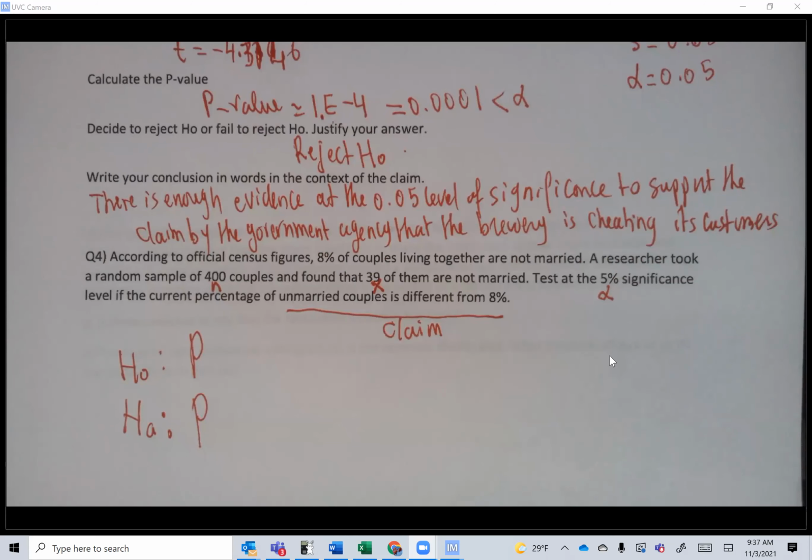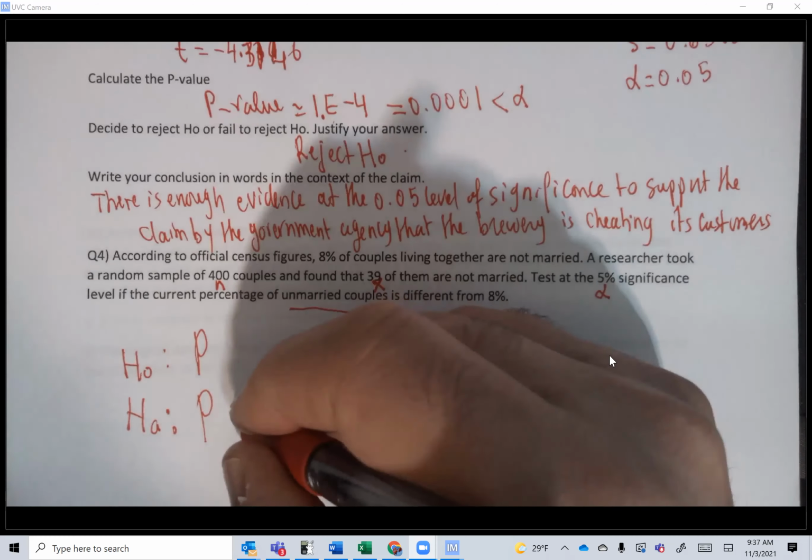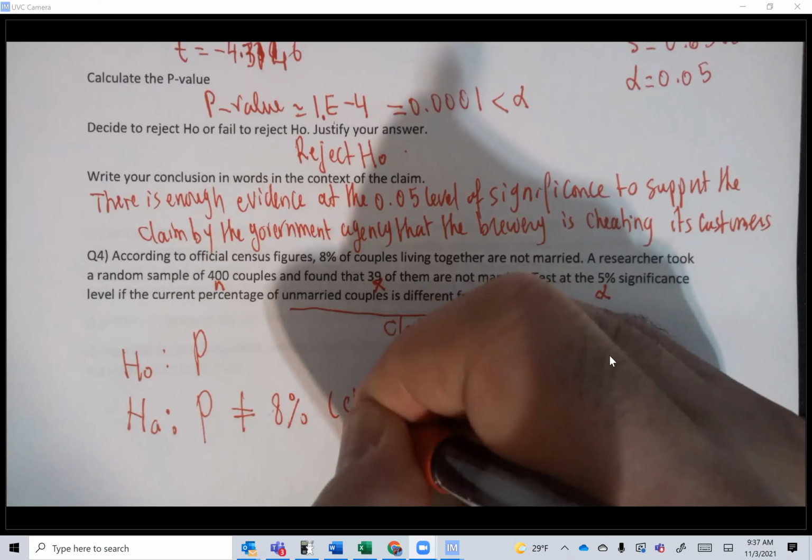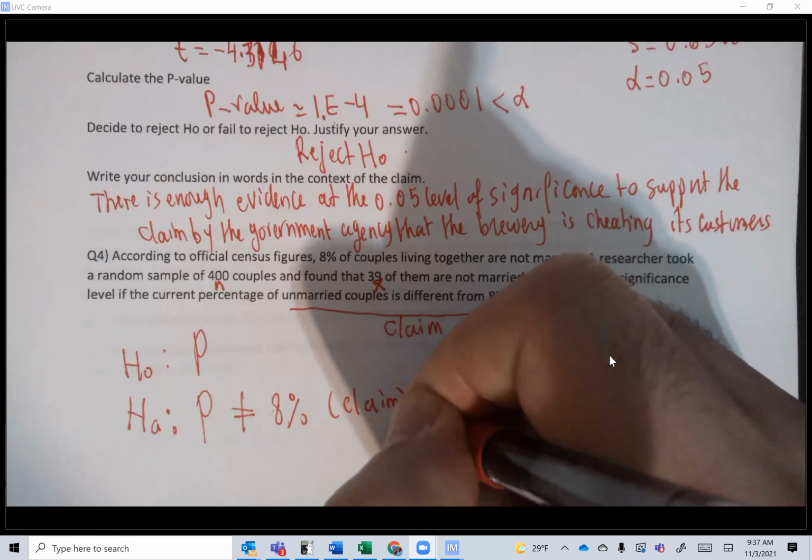What do you guys think the signs are going to be? Is it not equal to 80%? Yeah, equal or not equal. So not equal, the 80% is right here, and equal right there.